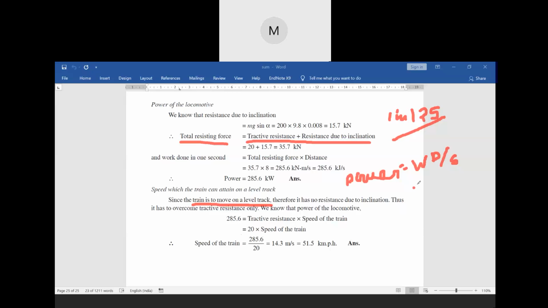That means this is work done per second. That means tractive resistance. This is the expression, tractive resistance into speed of the train. So which part can we omit? We need to find out the total tractive plus resistance due to inclination, or is it okay if you go with the tractive? Can anyone say?